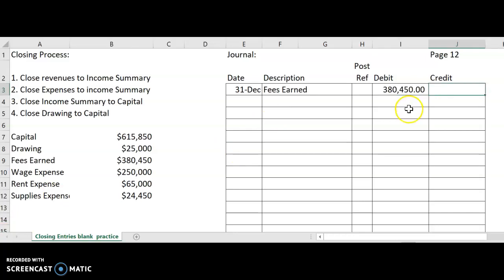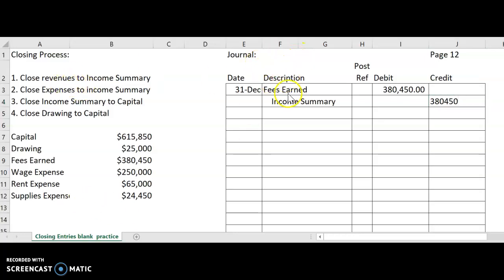Alright, step 1 also says close revenues to income summary. What that means is I'm going to transfer my balance to income summary. So step 1 is done.